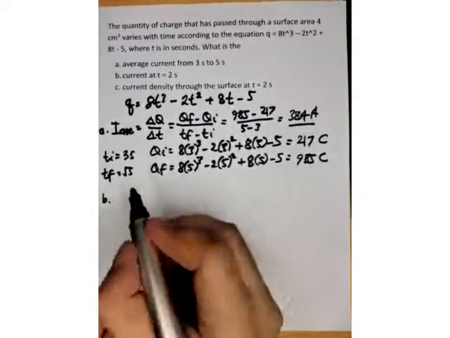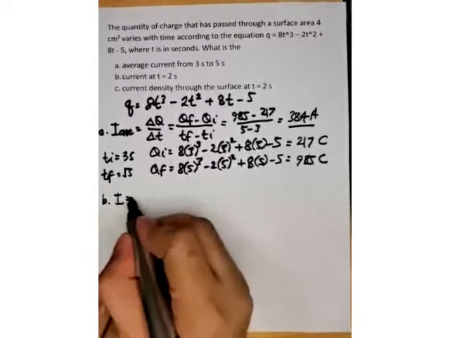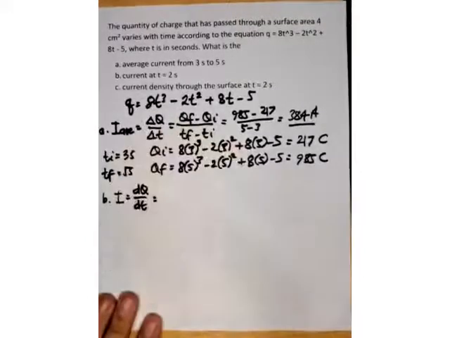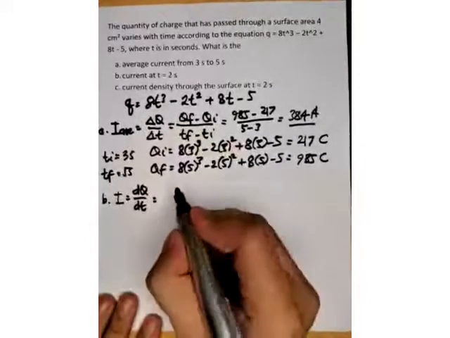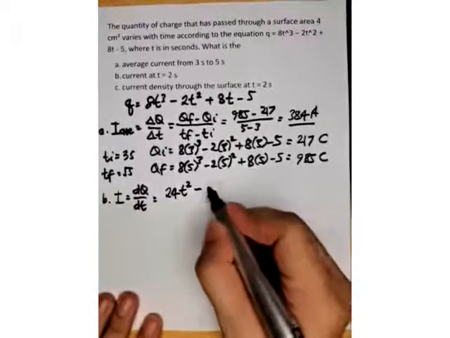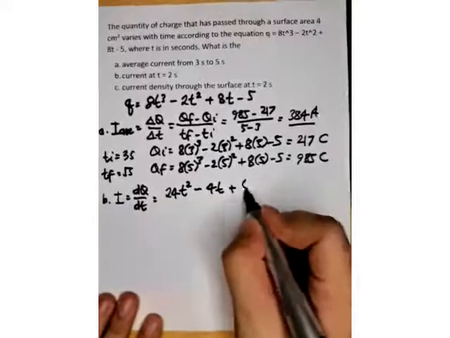So what is the instantaneous current? So instantaneous current is dq over dt. So that means get the first derivative. So that's 24t squared minus 4t plus 8.